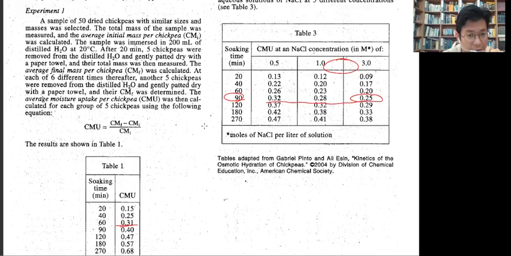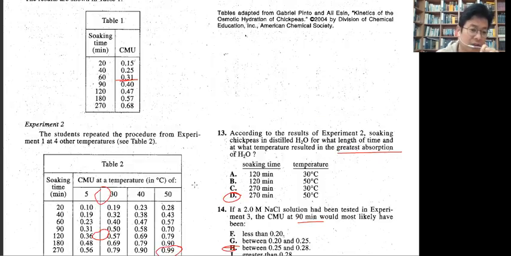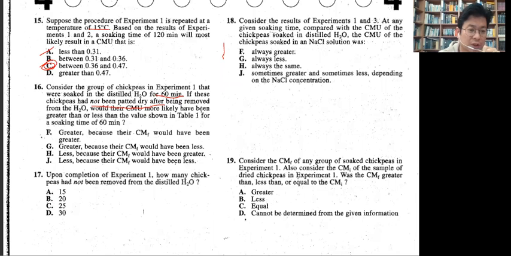Let me just read this. Average final mass per chickpea is final mass. Obviously, if you did not pat off the moisture, then it's still going to hold more. So the CMR is going to be greater because it's F, right?